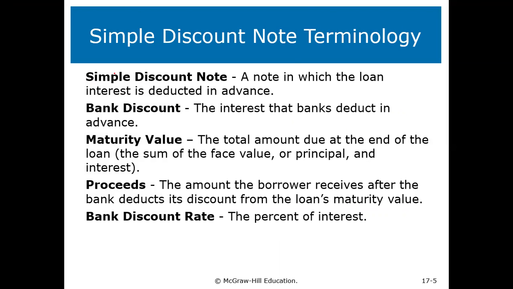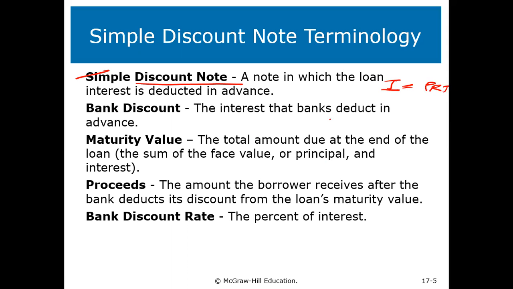All right. So simple discount note. Simple because it has something to do with the computation of the interest or the discount. Like with interest, right? Simple interest is equal to PRT.